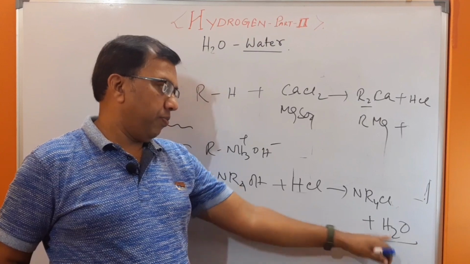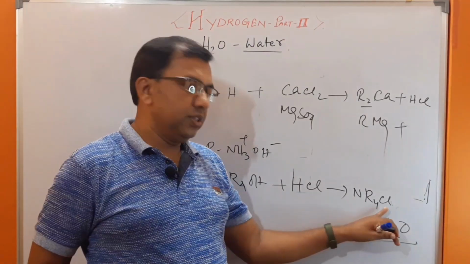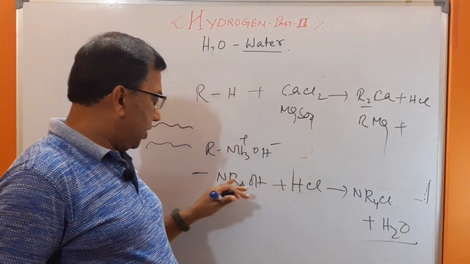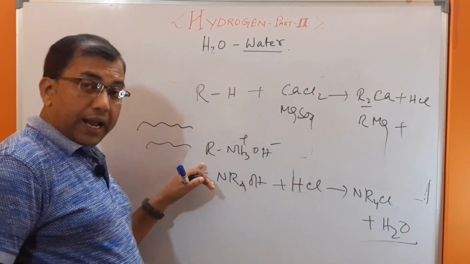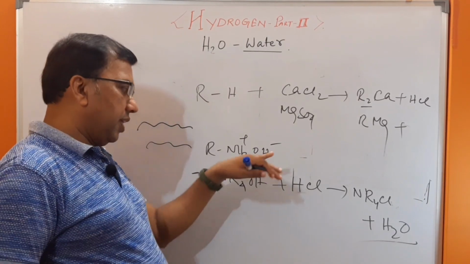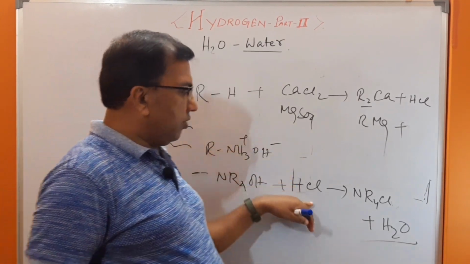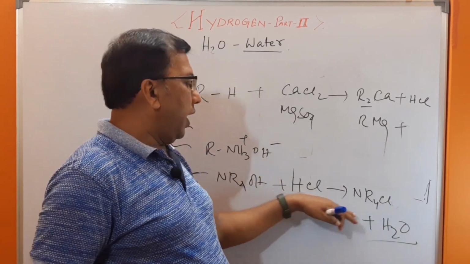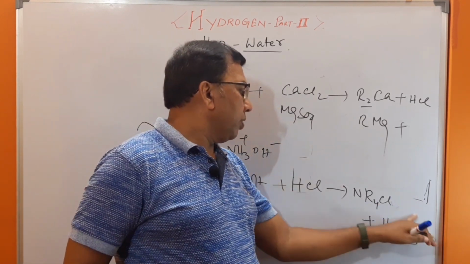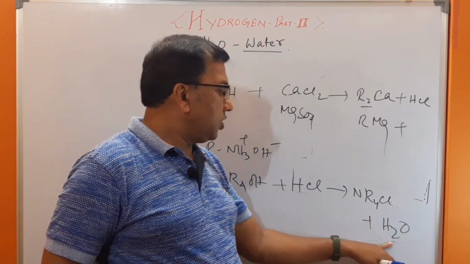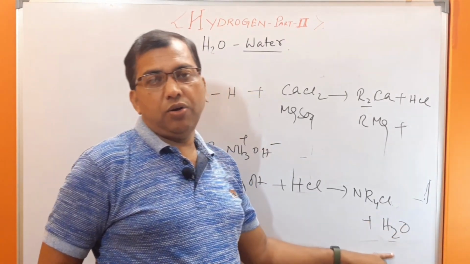The HCl, acidic water, is transferred to the anion exchange resin, NR4Cl will be deposited, and deionized, that is demineralized, water will be obtained.